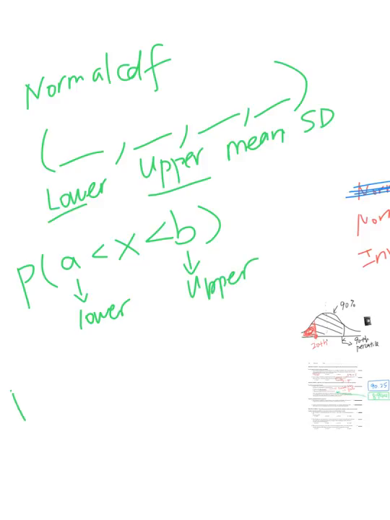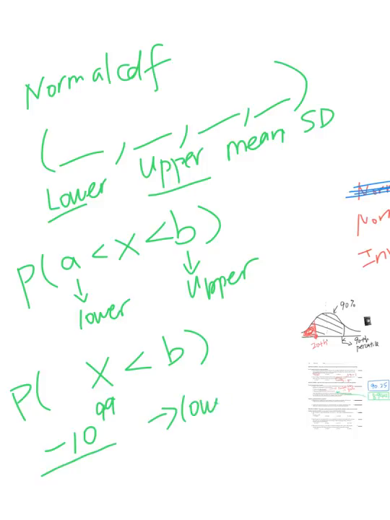If we are looking for the probability for x less than a number, we don't have a lower. We can use negative 10 to the 99, a very, very big negative number, to approximate negative infinity. Use this number as your lower, and as before, use B as your upper.